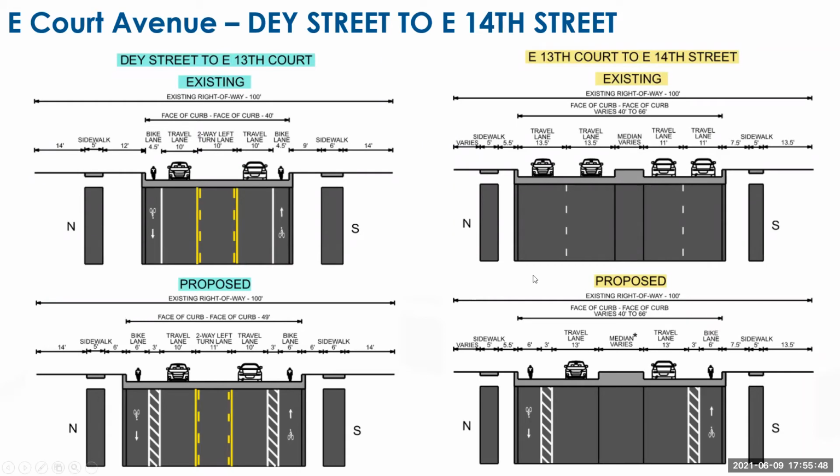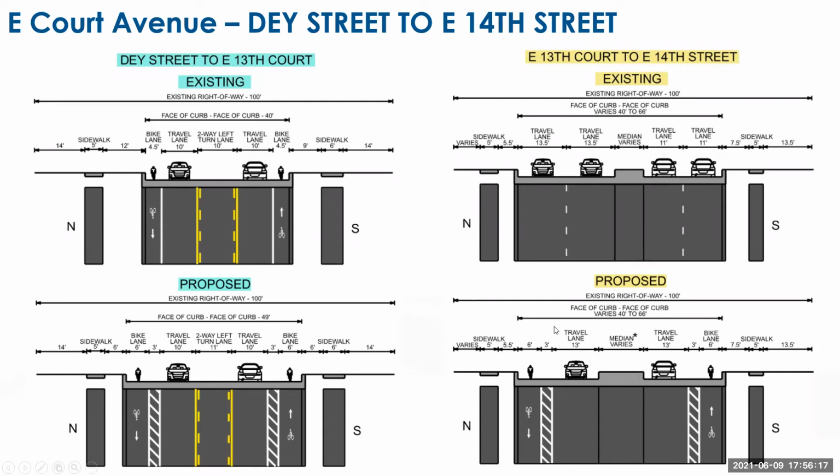And as you head further east from East Court to East 14th Street, there's currently 2 travel lanes and a median. In that area, we're proposing to reduce the width or reallocate some of that space to the buffered bike lanes, and then we'll be maintaining just one lane of travel.